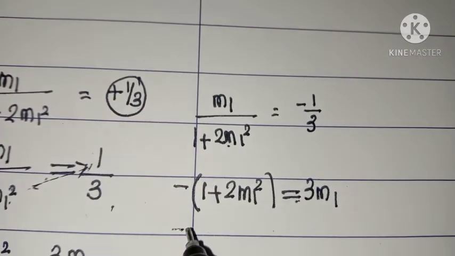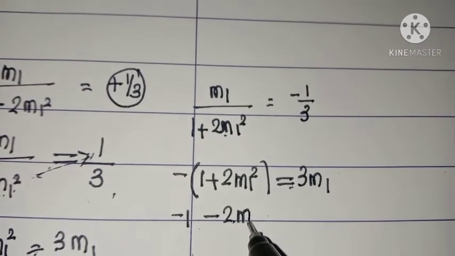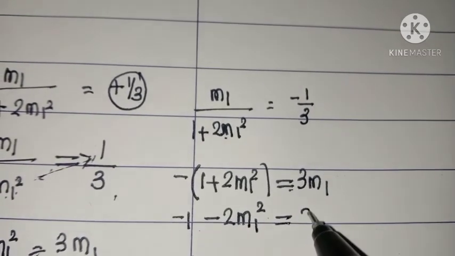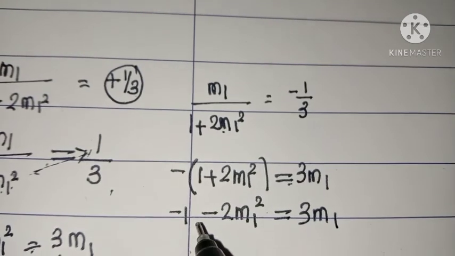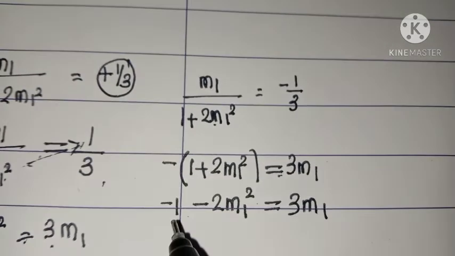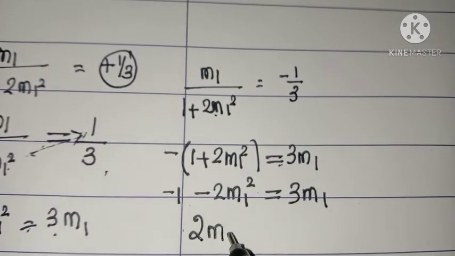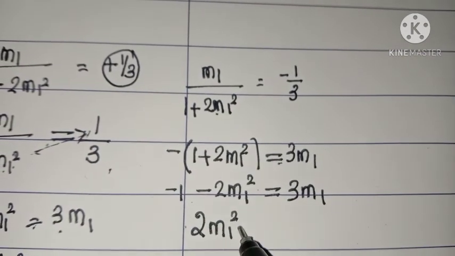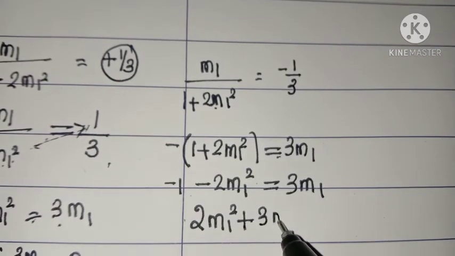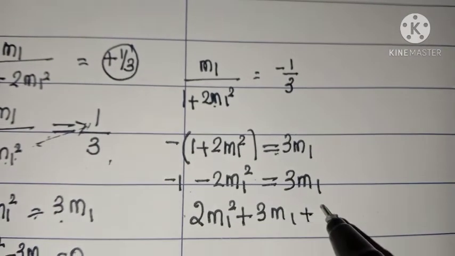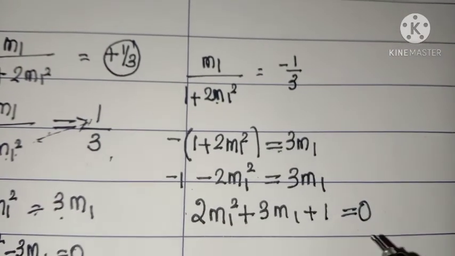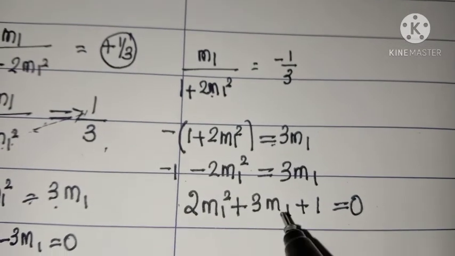Now open the bracket. Minus 1 minus 2 m1 square equal to 3 m1. Take all these terms to the right side because all are carrying negative. So this becomes 2 m1 square plus 3 m1 plus 1 equal to 0. So again this is a quadratic expression.